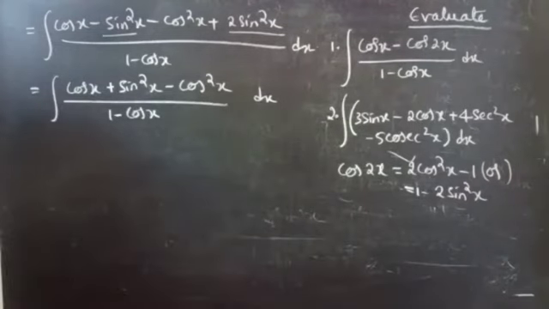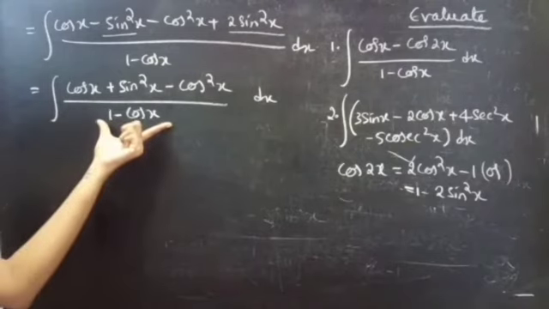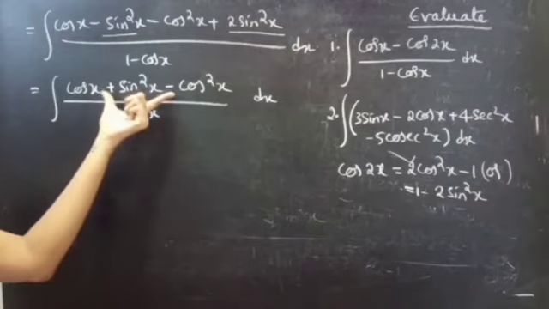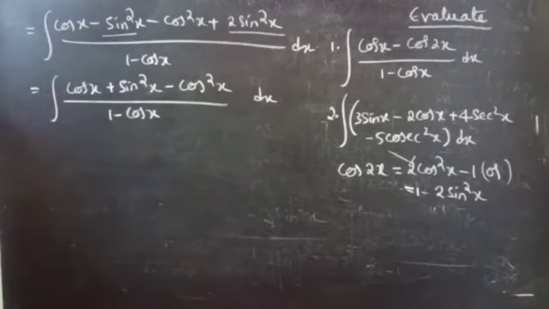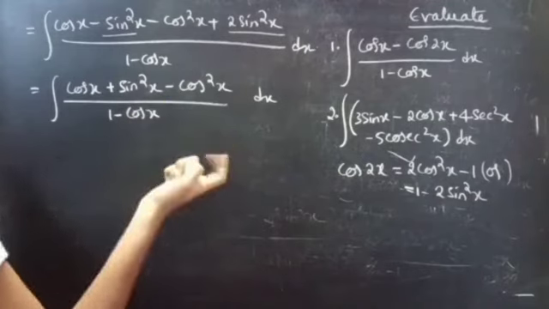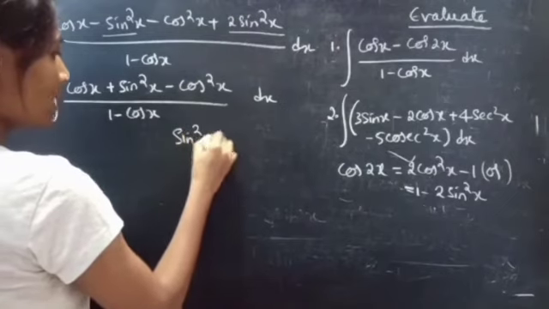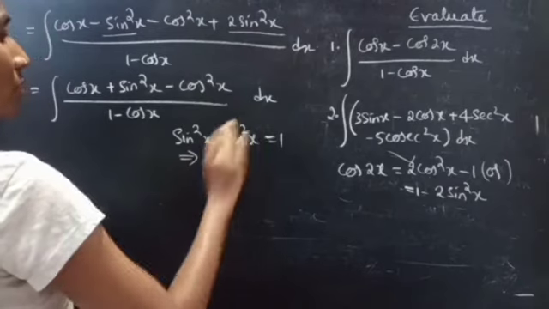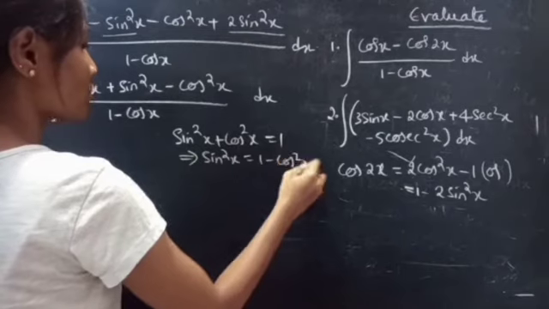So now, in order to reduce the complexity of the problem, we are going to cancel this denominator. To cancel this denominator 1 minus cos x, we have to change the numerator in terms of 1 minus cos x. That is, we are going to change the numerator in terms of cos x. But we are having sine square x. So how can we change this sine square x? Since you know that sine square x plus cos square x equals 1, now take this cos square x to the right hand side, you'll get sine square x equals 1 minus cos square x.